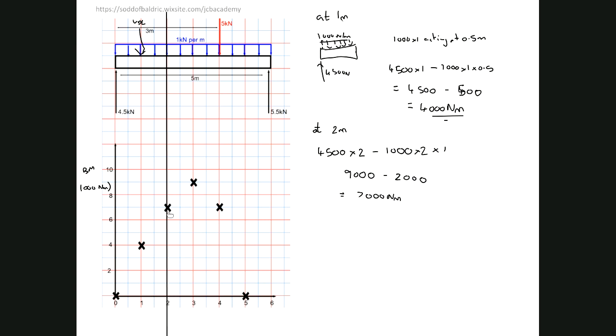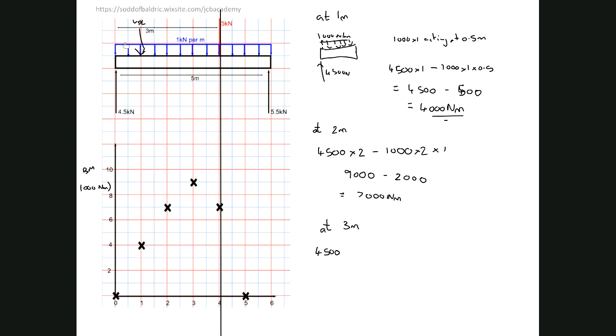Then I move along 3 meters. And I do exactly the same calculation. So I'll be able to fit this one here. Then I might have to clear what I've done. It's about 3 meters. My 4,500, my reaction force here, is now 3 meters away from where we're pivoting.